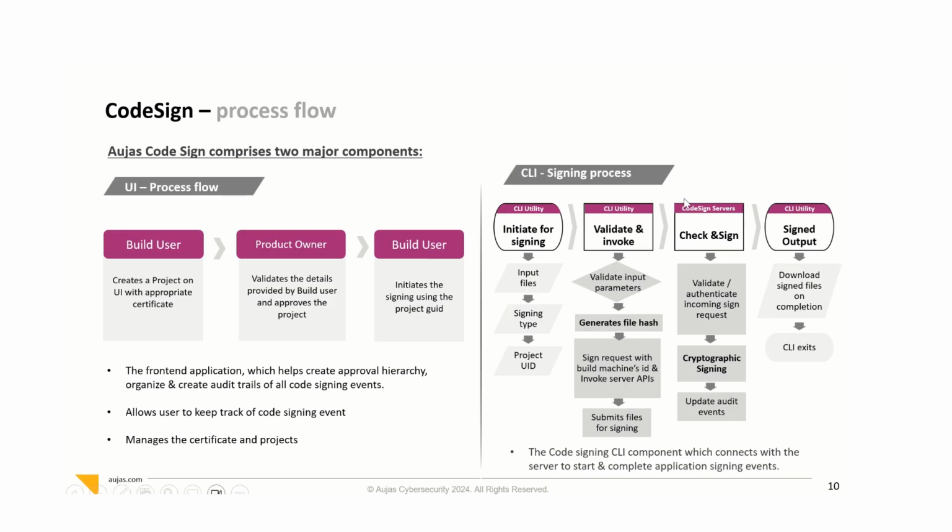Now, the build user will download the command line installer, which is available from the UI. Once they download it, and after the approval of the project, they will initiate the signing from the CLI utility. It's a very simple command where they provide the input file, signing type, and unique identity of that project, and submit.